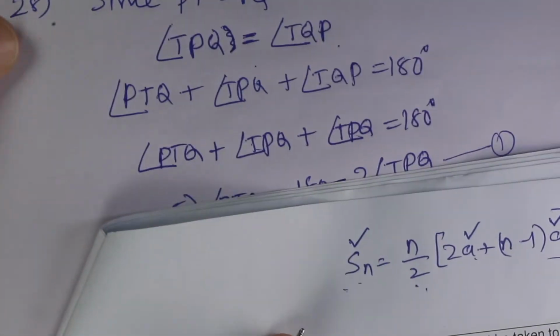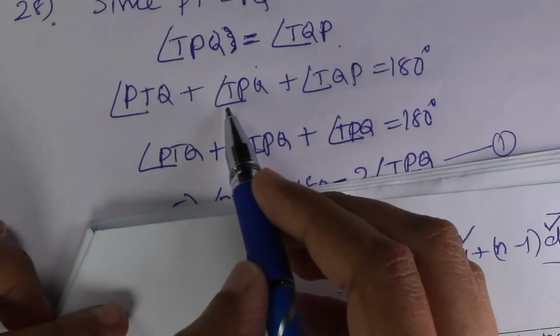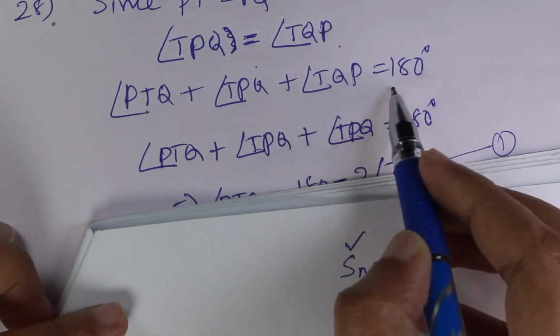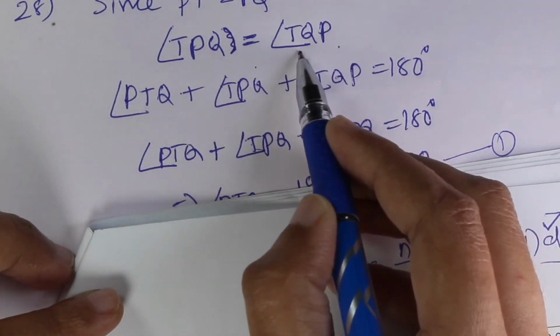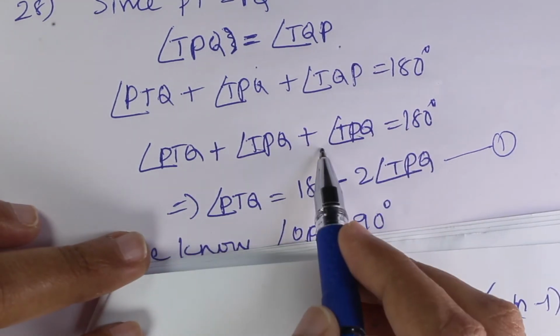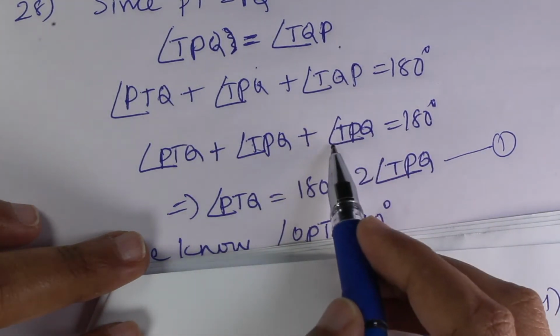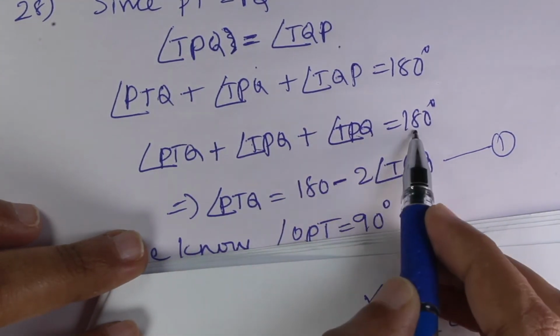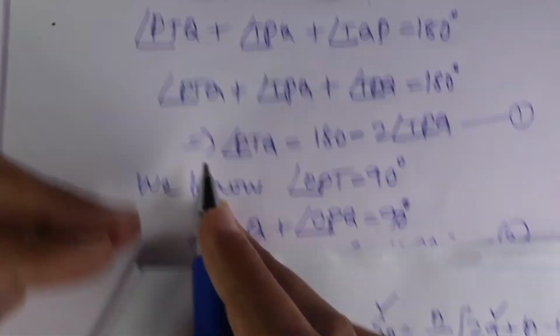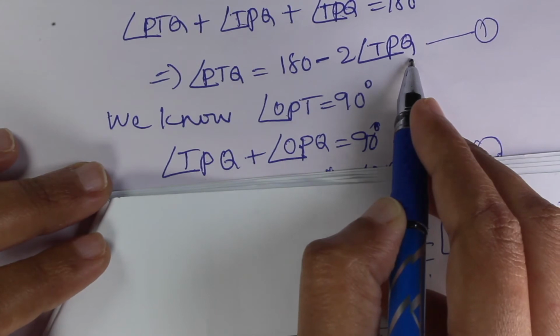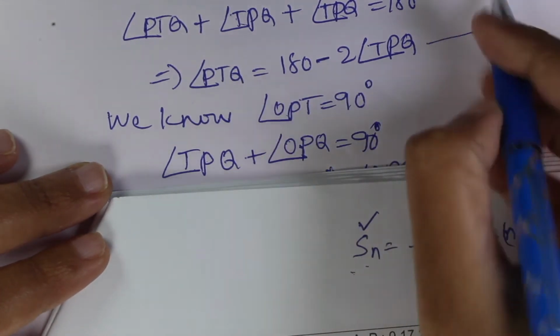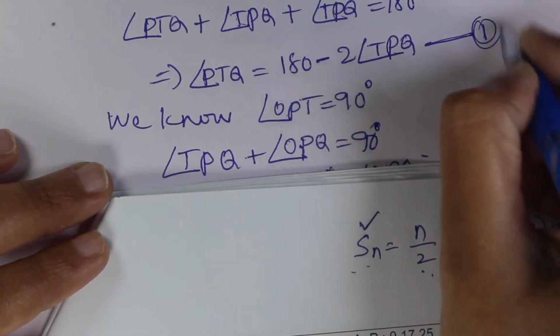So angle PTQ plus angle TPQ plus angle TQP is equal to 180 degrees. But we know that angle TPQ is equal to angle TQP. So I got angle PTQ as 180 degrees minus 2 angle TPQ. This is equation 1. Let us remember this. We will use this equation later.